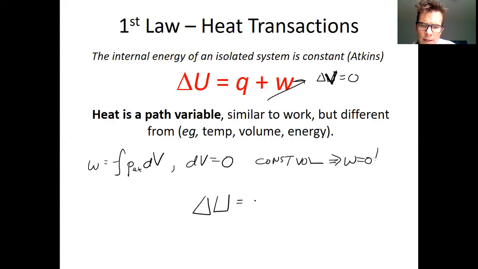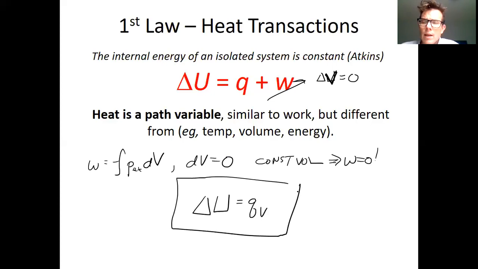Delta U equals Q sub V. The change in internal energy is equal to the heat supplied at constant volume. Okay. Oops. This means constant volume. Again, this is important because heat's a path variable. This equation only applies if volume is constant.